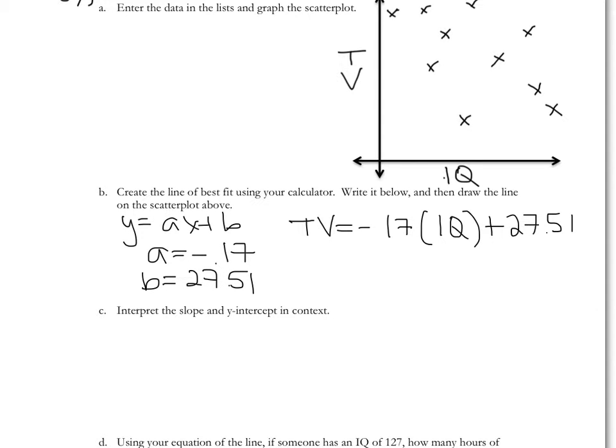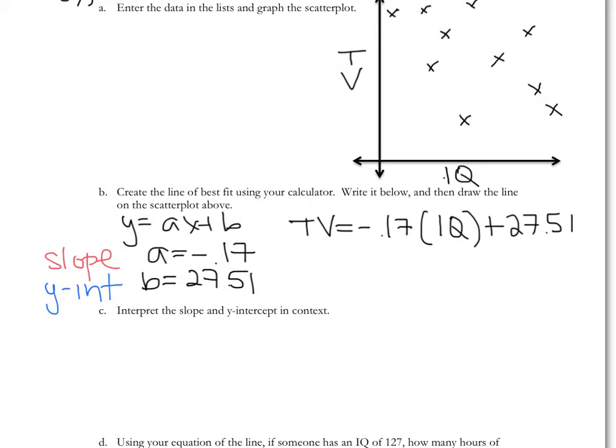Interpret the slope and y-intercept in context. Well, A is my slope and B is my y-intercept. What do those mean? Well, the y-intercept is where your data crosses the y-axis.